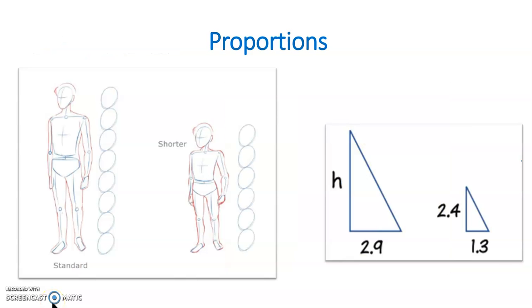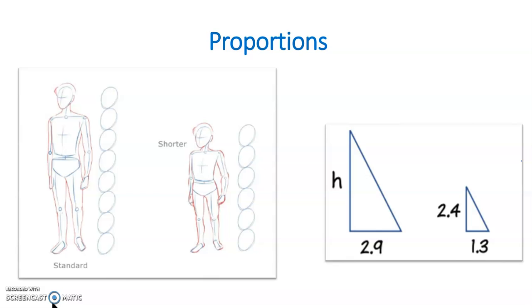Proportions are used in many different ways. If you take a look at the image on the left, this is a drawing of a standard person, if you will. And what this artist has done is they've taken the size of the head and they've determined that if they stack about 8 heads, that creates a body size and height that they can create proportionately.